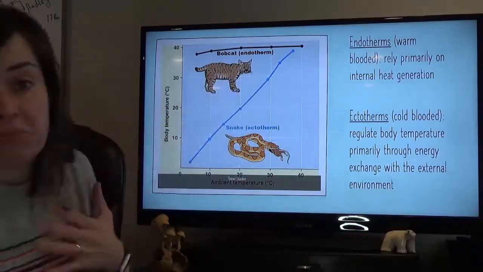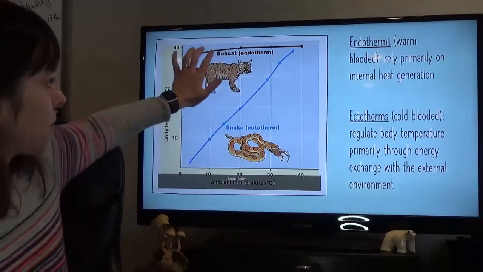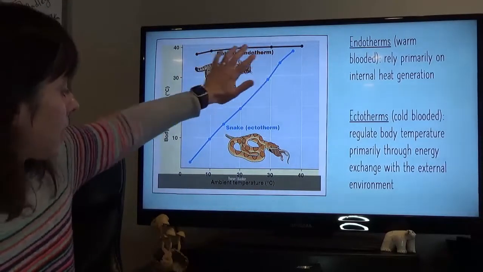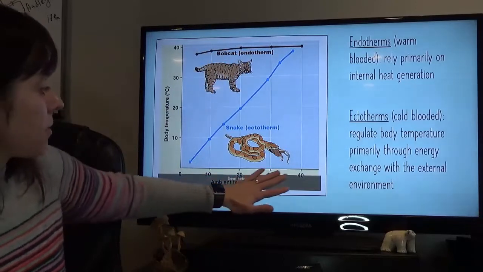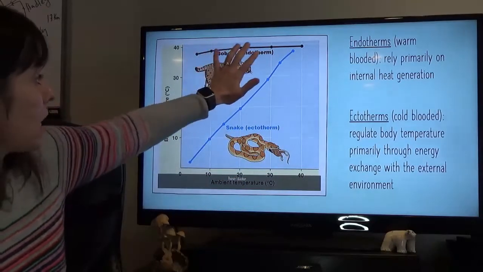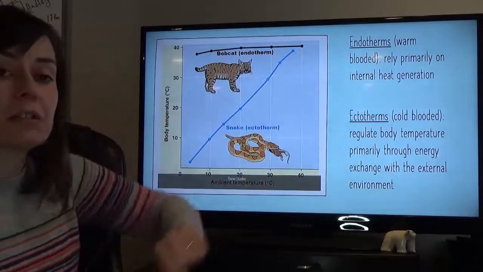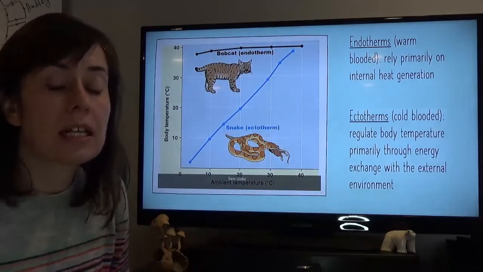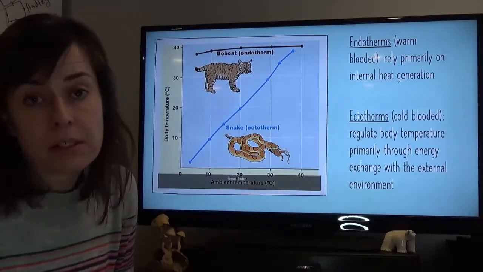An example of this, well, us, of course, but here we have our little bobcat. You can see that the bobcat temperature, regardless of the ambient air temperature, is maintained right up here around 37, 38, 39 degrees Celsius. That's incredibly consistent, and our bodies are the same way.